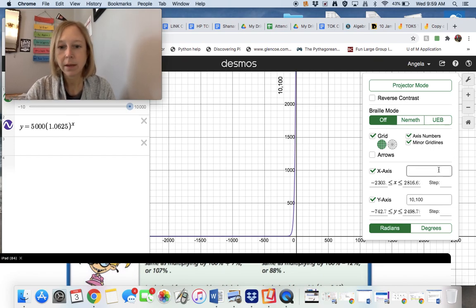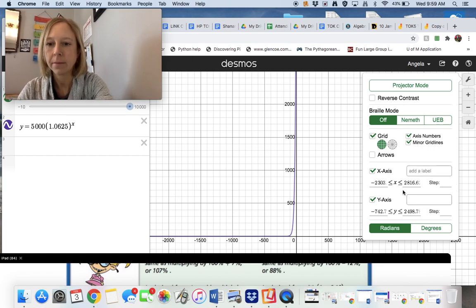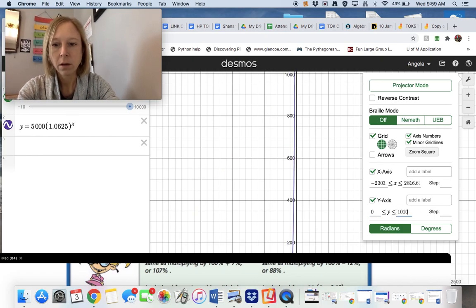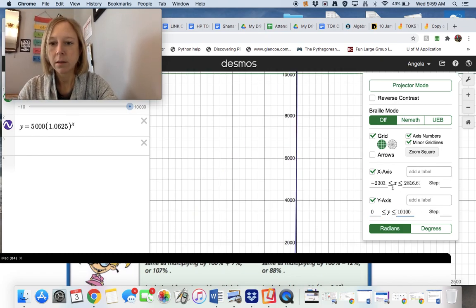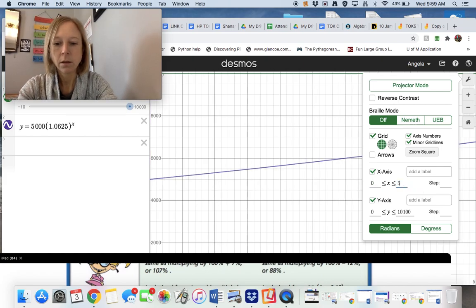X-axis, we're probably not going to be talking 500 years. I'm going to have it go up to 50. Oops, that's what it's counting by. Leave that. So I want the y to go from 0 up to 10,100. X-axis can go from 0, because we're talking about time, up to, let's say, 50.